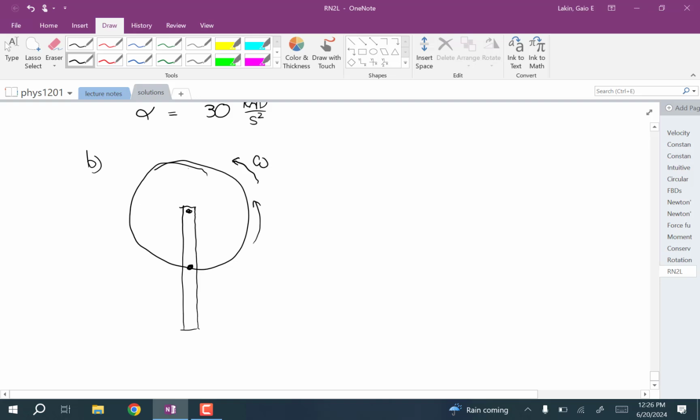The angular acceleration is also this way. So we know that the velocity of this point is going to be like this. The tangential acceleration is also going to be in that direction because the angular acceleration is also counterclockwise. So there's the tangential acceleration. The centripetal is towards the center.